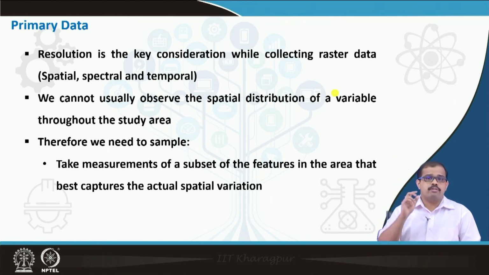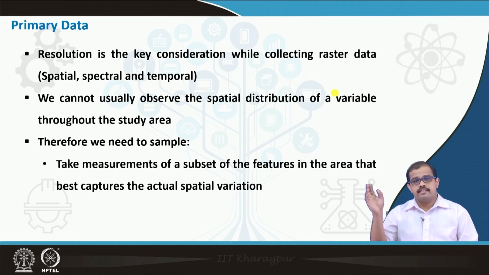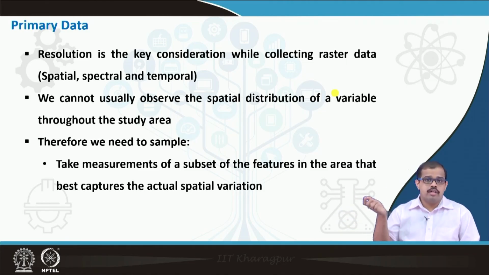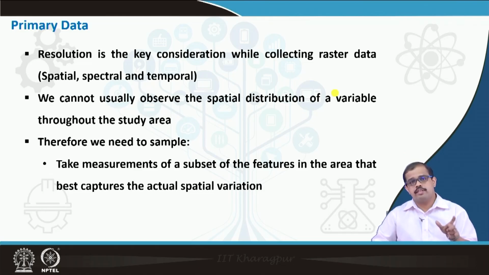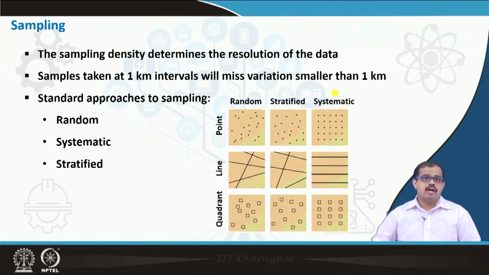So you have to look at what is the size and the resolution of your data, how your data is being translated into the data model, then look at what may be the spatial variation that you have to actually capture. So look at all of these properties before you get into the primary data collection.